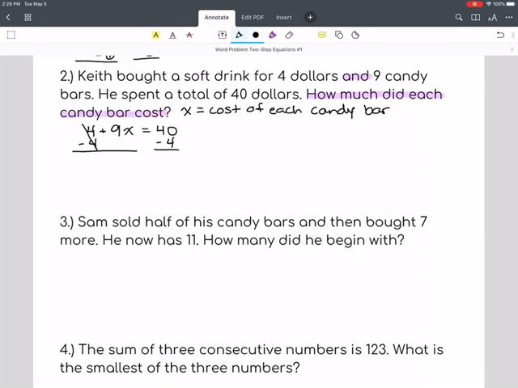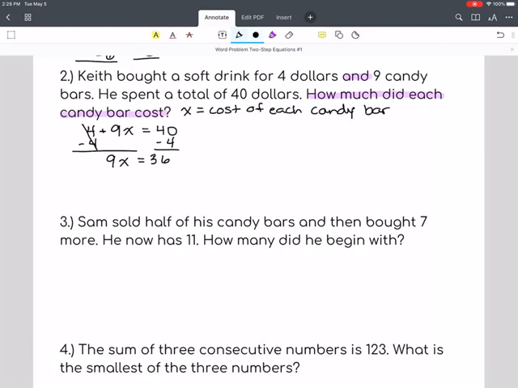I can cross those out, and then I bring down 9x. 40 minus 4 is 56. All right. Oh, sorry. I can't do math. It's not 56. It is 36, obviously.